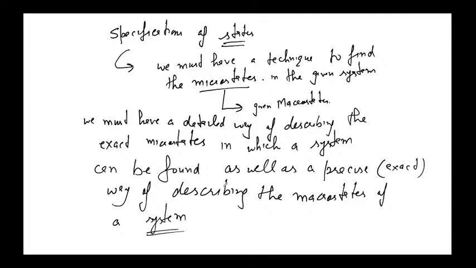So what does it mean? For the given macrostates, for example, if there are N, V and E macrostates present in a system, and from these macrostates, the two subsystems are interacting with each other, through that we can find out the number of ways in which these macrostates are exchanging their parameters with the subsystems.